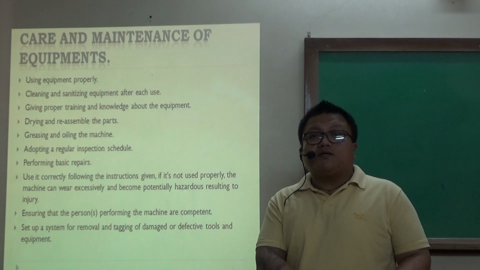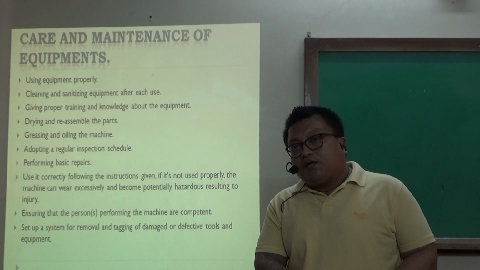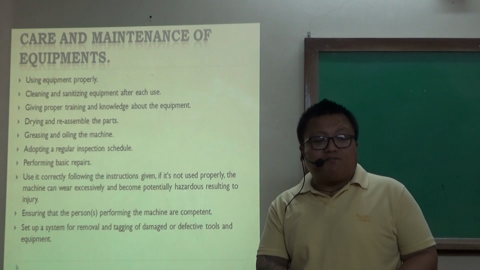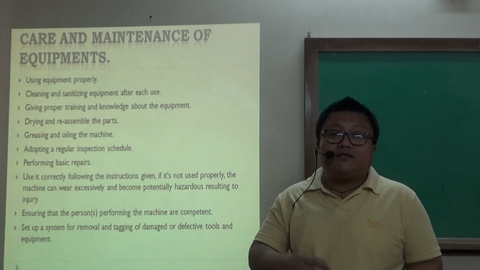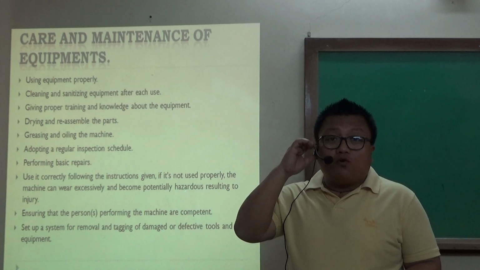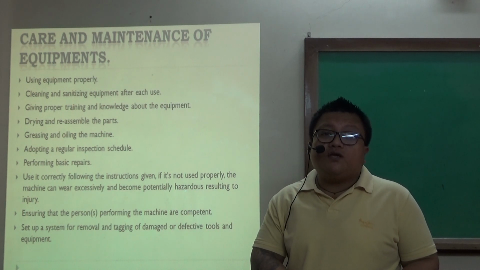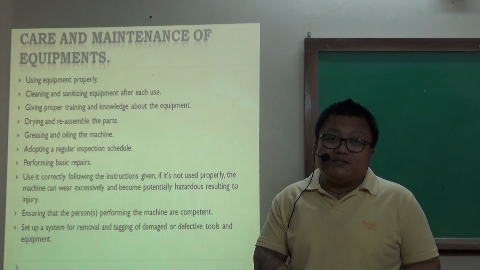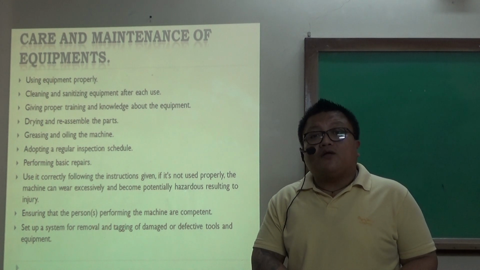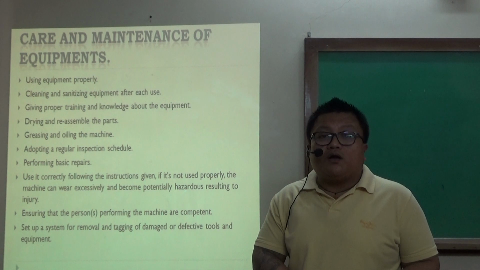Care means taking care of. Maintenance is to maintain things for the long run. If we do maintenance and take care properly, then we can make things last a long run.